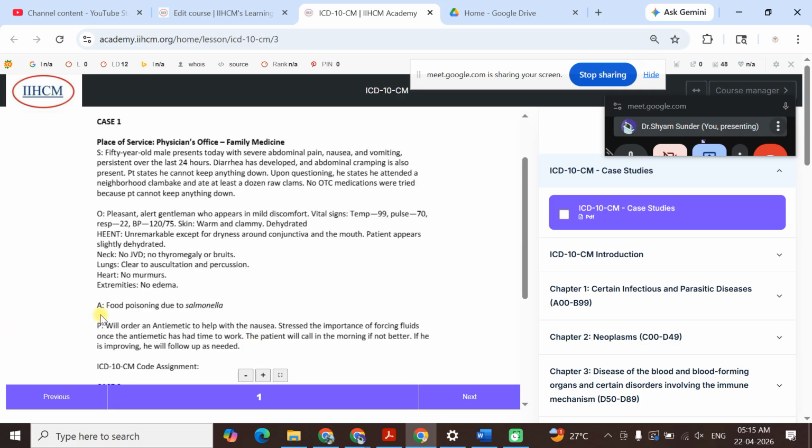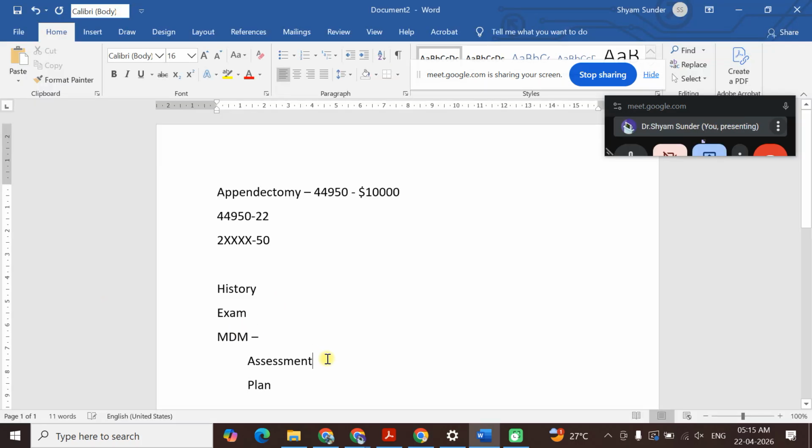Assessment is making a provisional diagnosis, ordering tests, and also reviewing the results. Assessment includes diagnosis, ordering tests and reviewing test results. That is assessment.